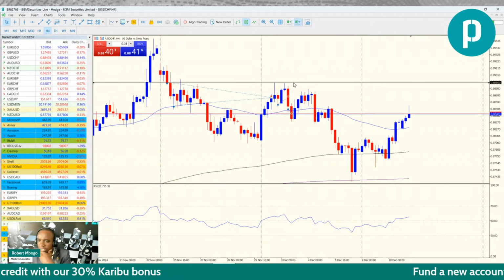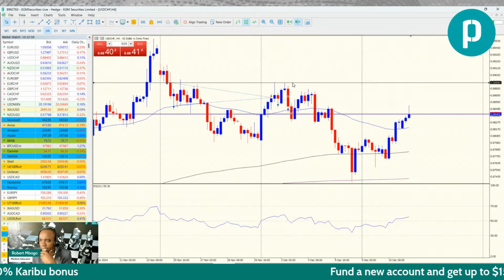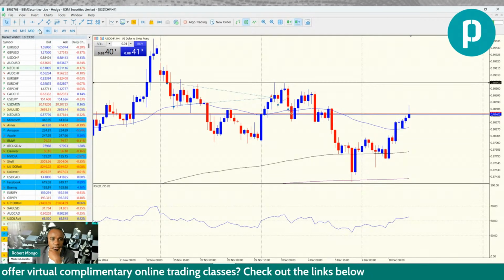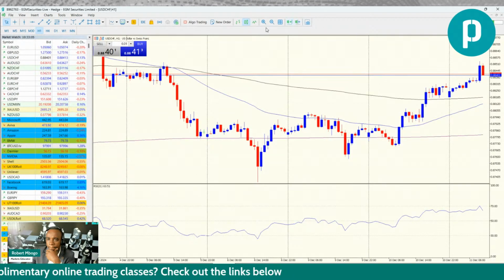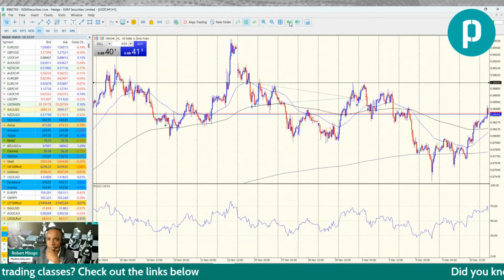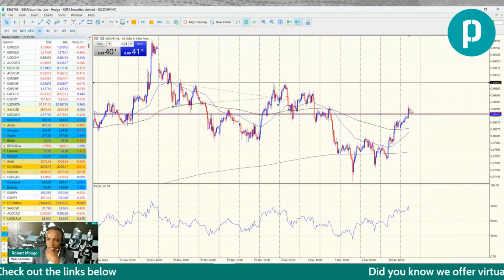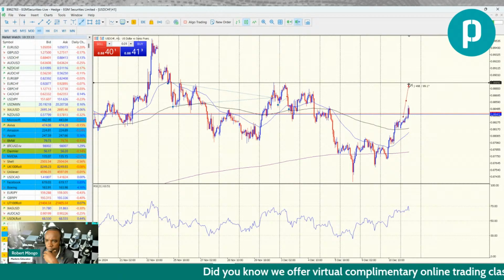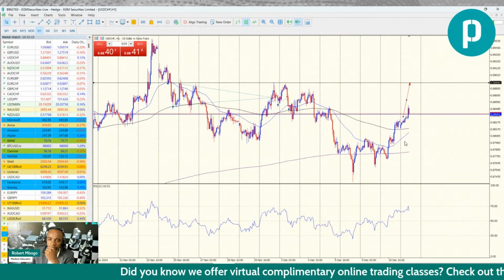That's around 49 pips away from current market price. So there's a possibility that we could see USD CHF test this high before a sell.